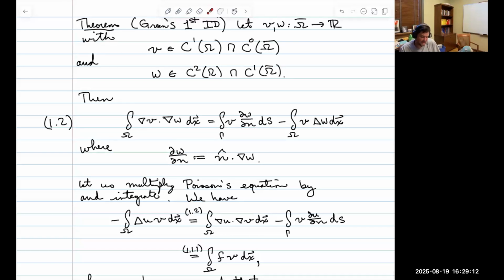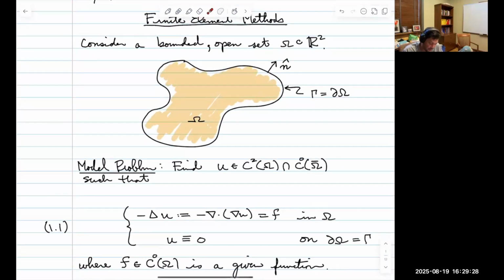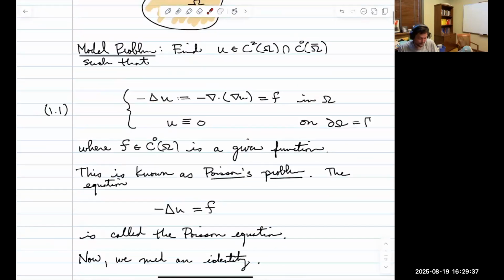You've probably seen this notation before. dw dn means you take that outward pointing unit normal, which is a function of the position on the boundary. If I change to another location on the boundary, then my normal might change, and so you can see how the normal derivative changes as I move around the boundary.